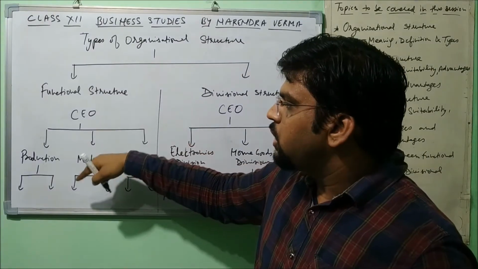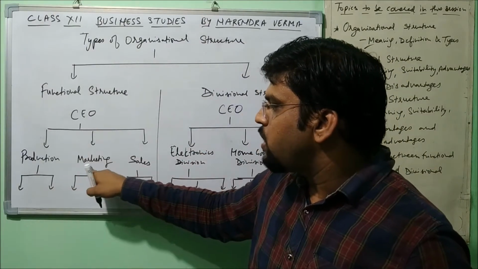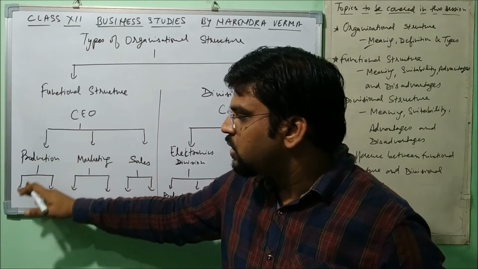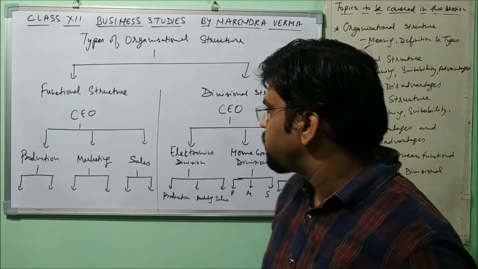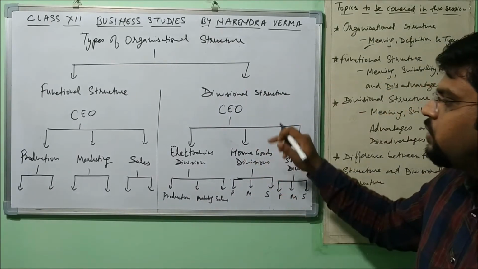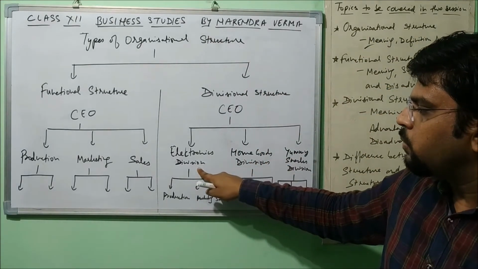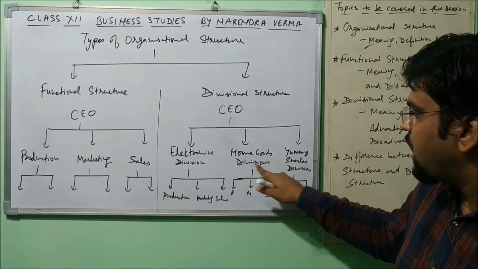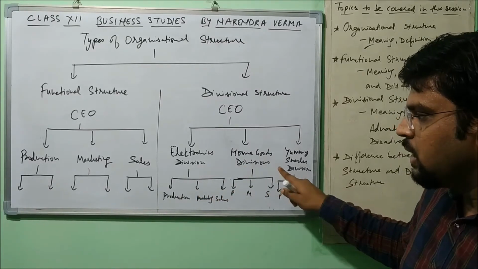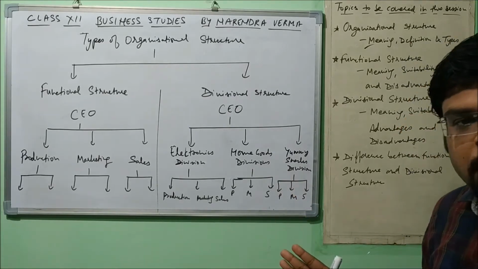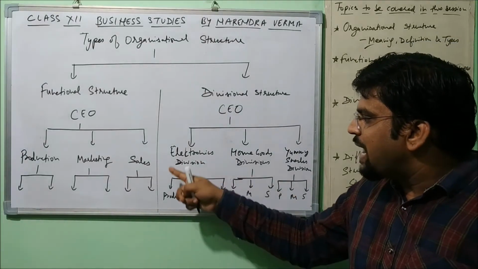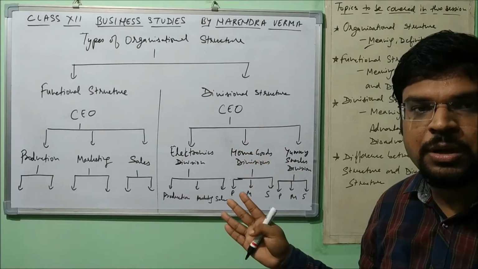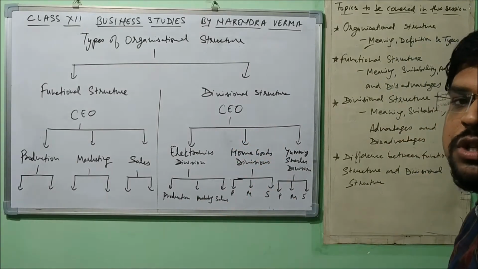Fine. For functional, we can have a production department, marketing department, and sales department. Okay, and these departments further can be divided into other sections. In the divisional structure, we see that this is for one type of product, electronics, another home goods, and another yummy snacks. These are different products, because the electronics have separate management and a separate system, so it is a separate business unit.